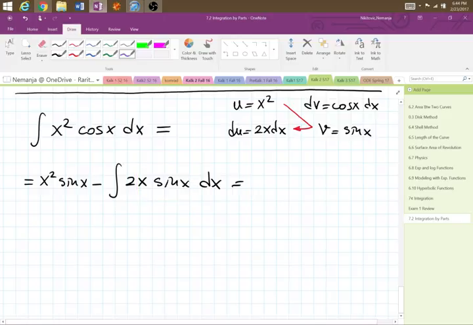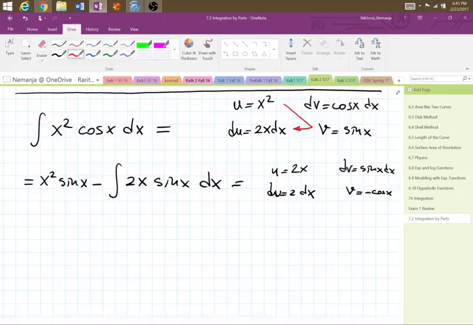Nested, which means again u equals, now you can kick this 2 in front, or you can just keep it there as 2x, it's fine. And then dv is sine x dx. du is 2dx, and v is negative cosine x. Arrow.